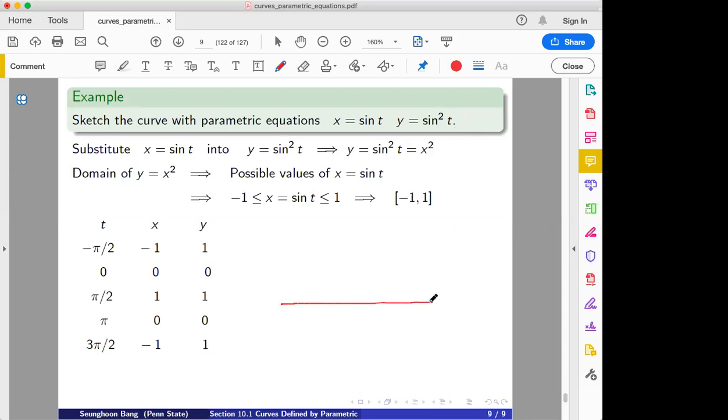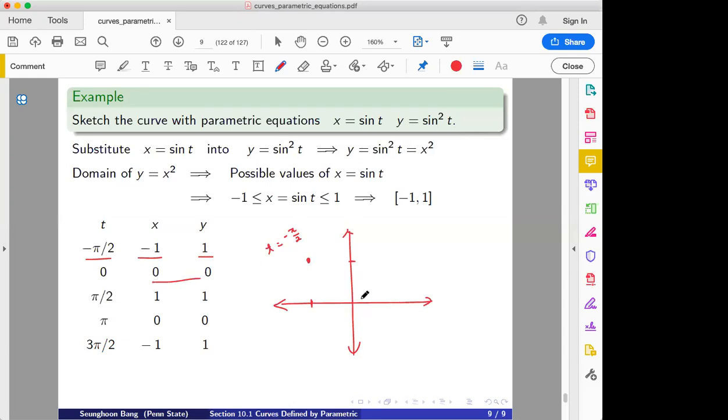So the graph is like this. Can I sketch the graph? First one, negative pi over 2 gives minus 1, 1. What is the t-value here? The t-value is negative pi over 2.